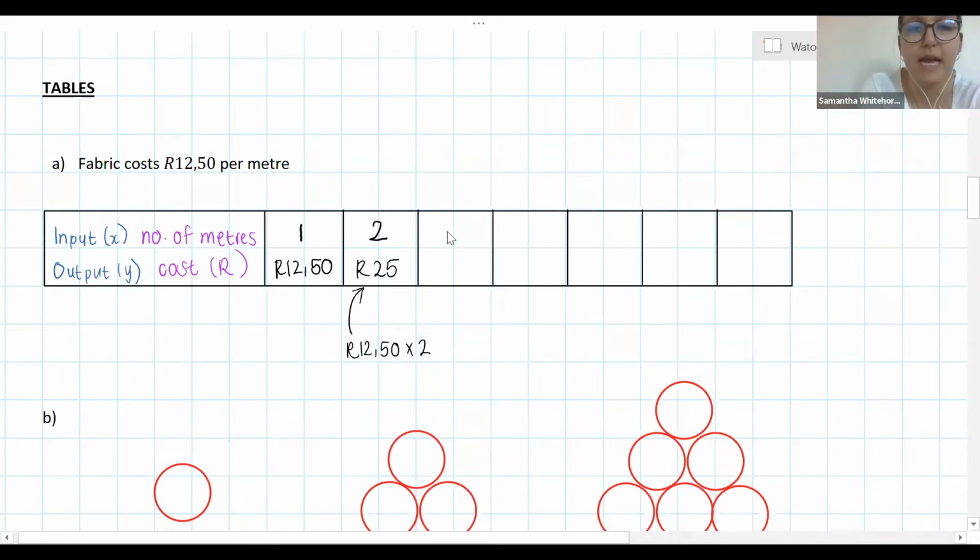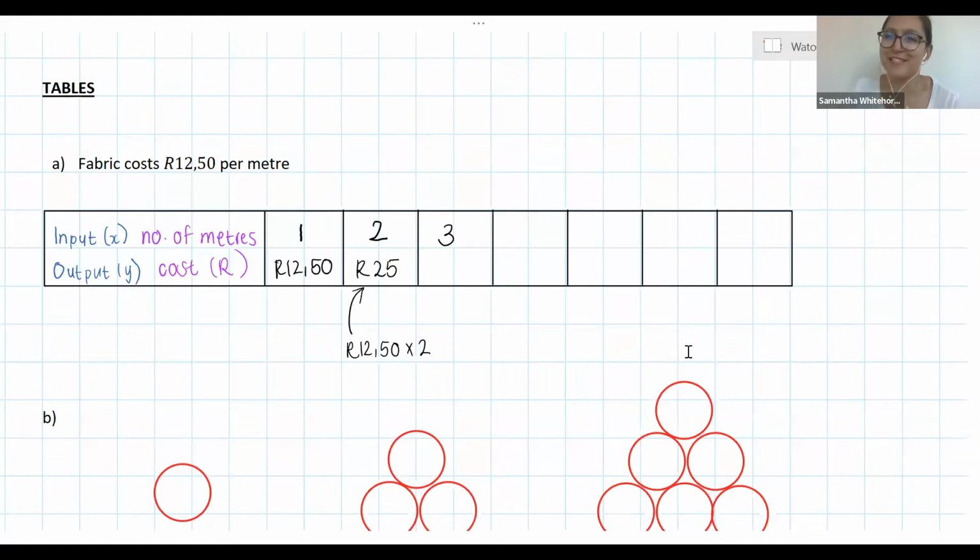All right. How much would it cost me to buy 3 meters? Lesejo, how much? Then it would be 37 Rand 50. Okay, and how did you work that out? Then I added the numbers, 25 plus 12 Rand 50.